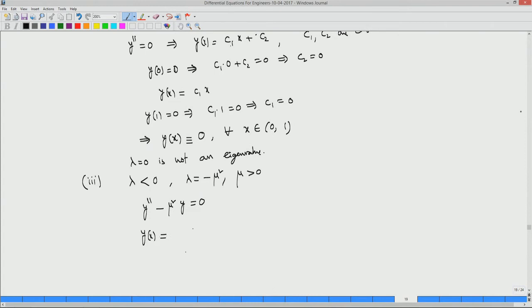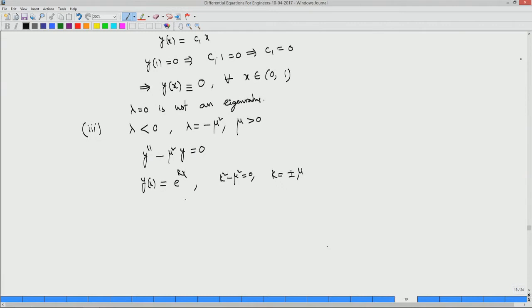Again you look for solutions of the form e power kx, and you get k square minus mu square equal to 0. That gives me k equal to plus or minus mu. Mu is positive, so you have the general solution y(x) equal to c1 e power mu x plus c2 e power minus mu x.